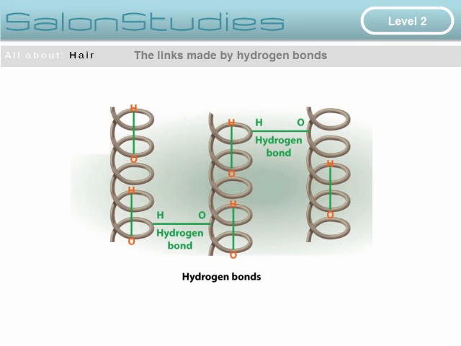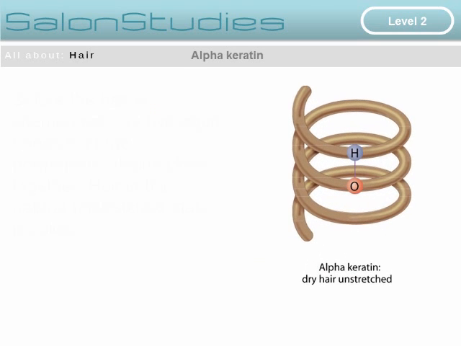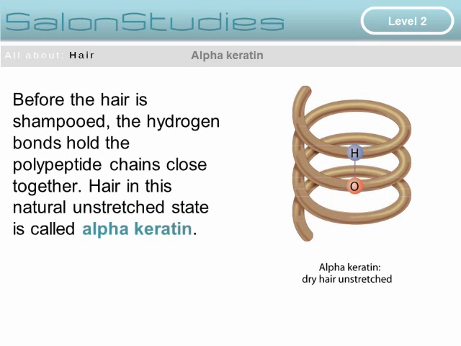Here we see in this diagram the hydrogen bonds linking between the polypeptide chains and between the chains themselves. In this diagram we see a hydrogen bond within one polypeptide chain.